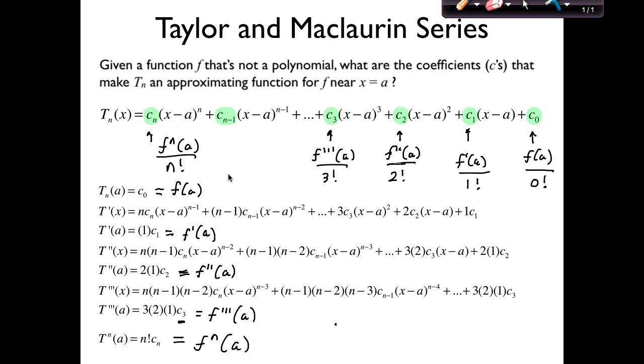Okay, but then it's just going to be approximate. So we'll see this in a second. Okay, anybody have a question? So again, constructing a polynomial means figuring out what the coefficients need to be so that it's getting as much right as possible for f at a.